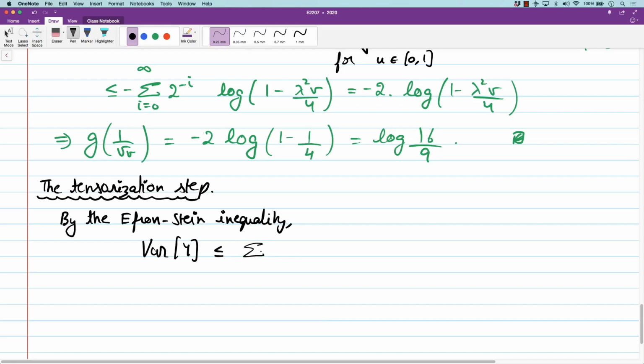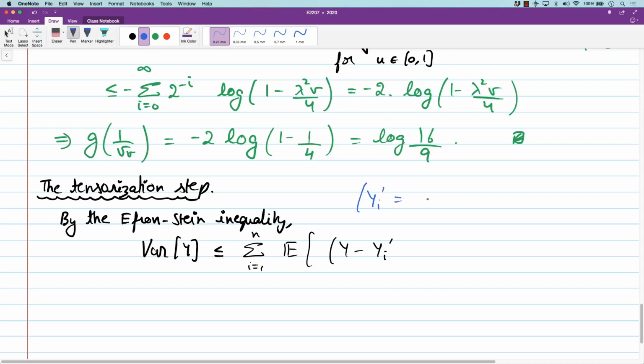We can apply that inequality to this function as well, and what you get is that it's less than or equal to the sum from i equal to 1 to n of the expected value of y minus yi prime. Now remember, what is yi prime?